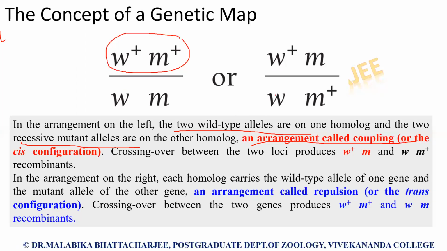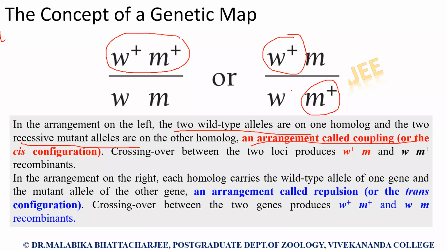But now let us look at this configuration. We have a wild type allele for W in one homologue, and for the M set, we have the wild type allele in the other homologue. This is known as trans configuration, or the arrangement is known as repulsion.